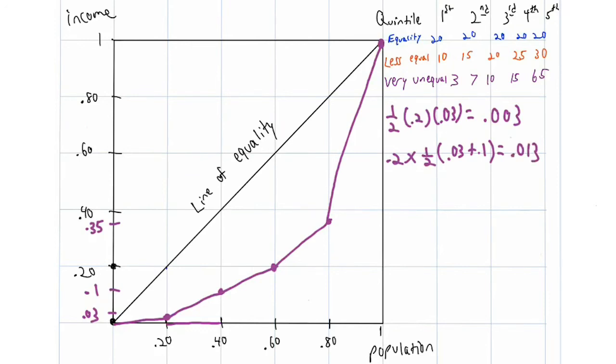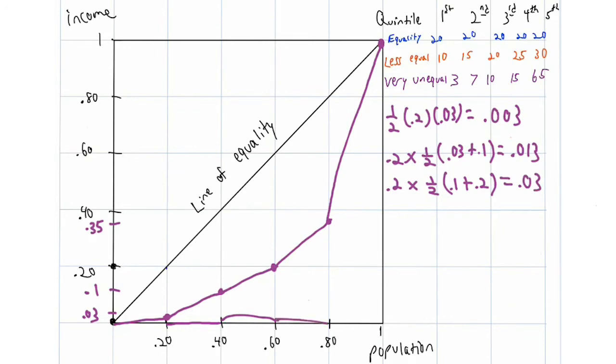The next quintile over, the width is still 0.2. Those widths should be the same, no matter if you have quintiles or deciles or whatever. Those widths should be the same number. All right, we go from 0.1 to 0.2, and that gives us 0.03.